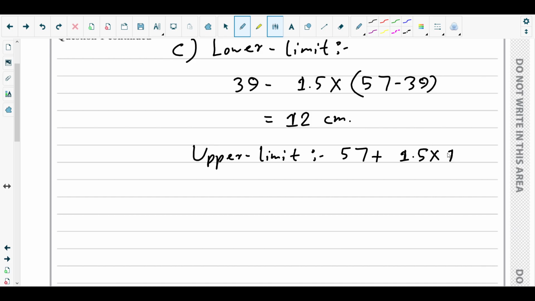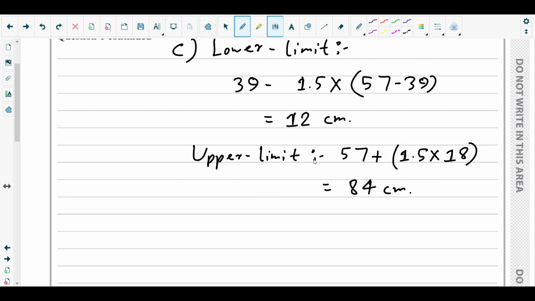So what would be the upper limit for the outlier? Wait, 1.5 times 18 is 27. So not 69, it's basically 84. The upper limit is 84 centimeter.